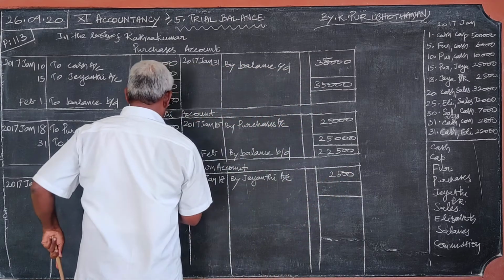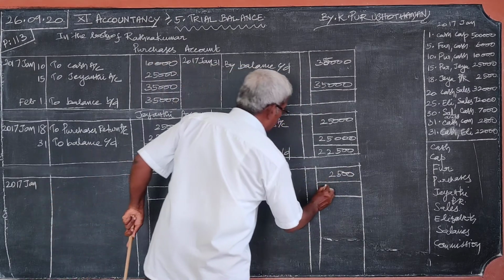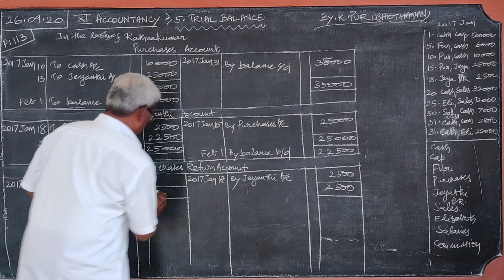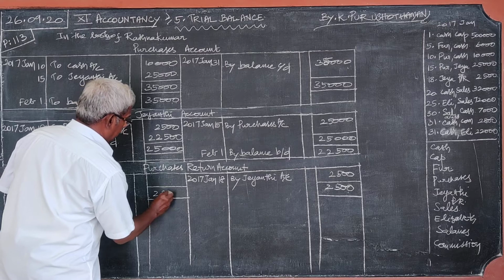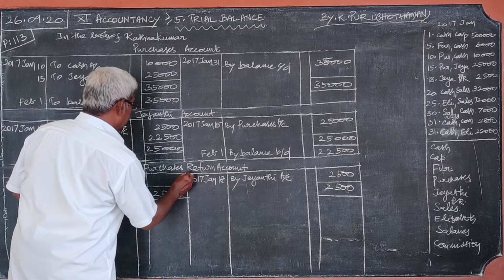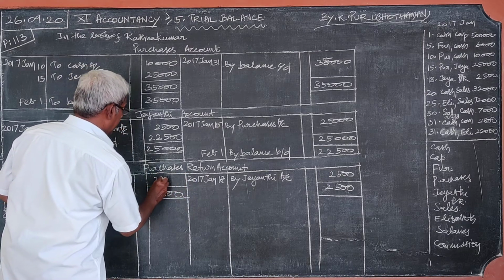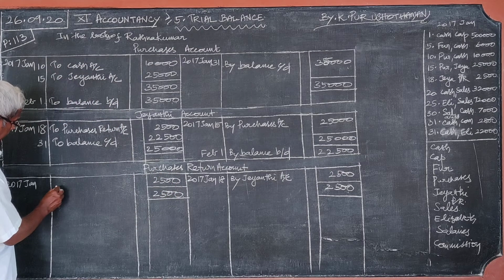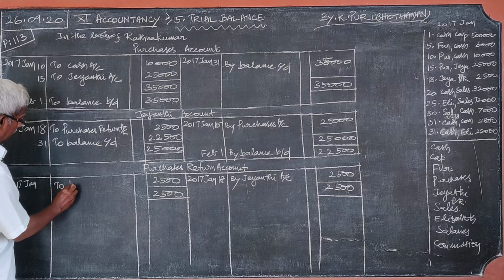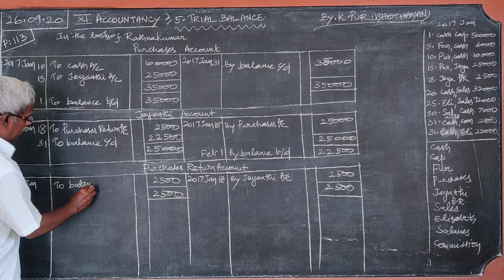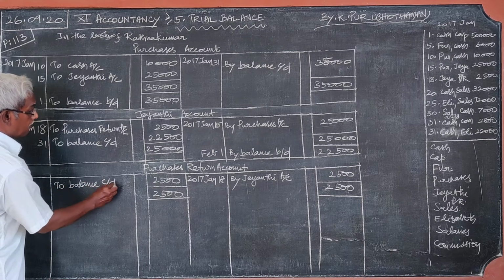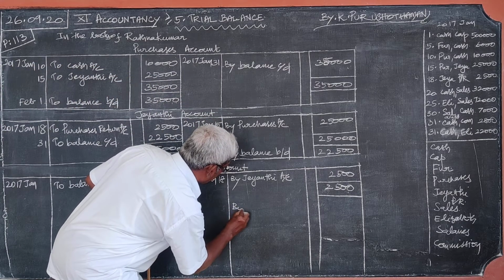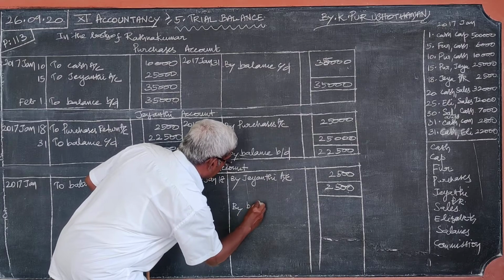Here the total 2,500, here 0. So you write the greater total, 2,500. The amount missing is the entire 2,500. This is the balancing figure. So to balance, carried down, and on the opposite side, balance brought down.